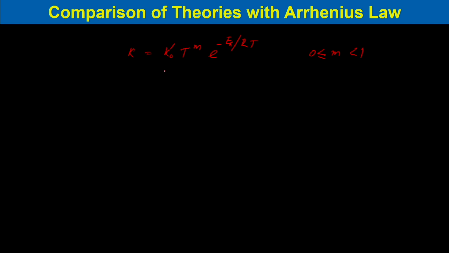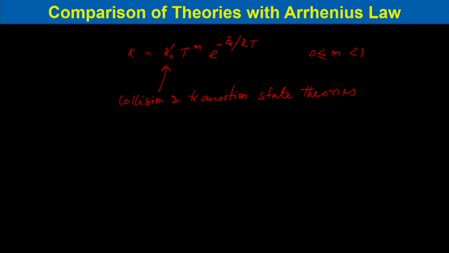So, this equation predicts most of the cases for the rate from collision and transition state theories. These are the temperature dependencies of the rate constant.